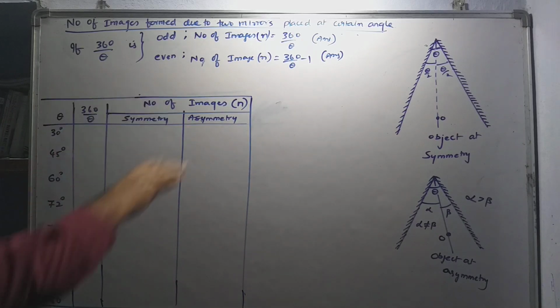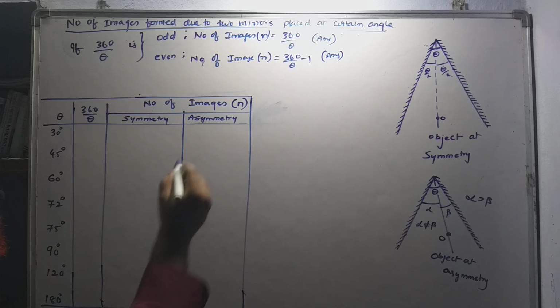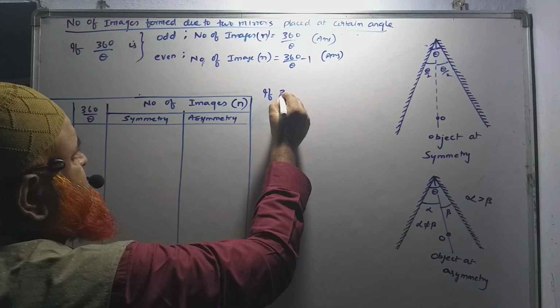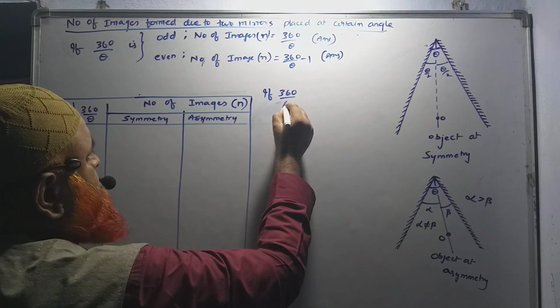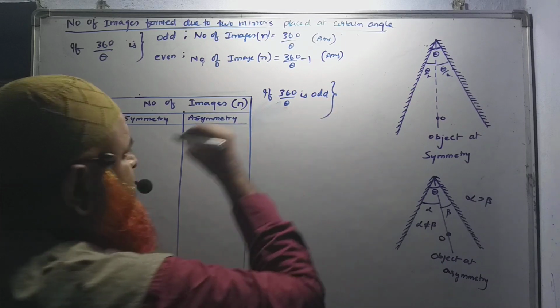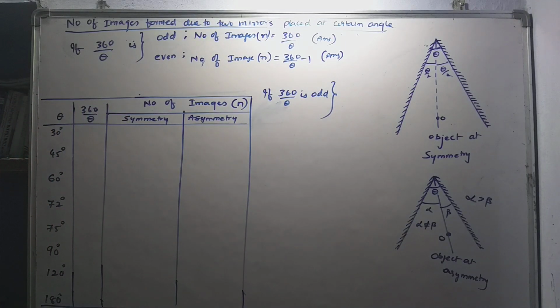If you observe this tabular column, there is one more subcondition you have to consider. What is the subcondition here? Again, if 360 by theta is odd, then two more subconditions you have to understand.